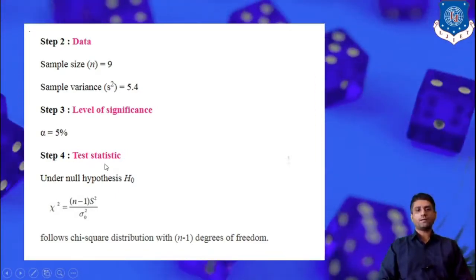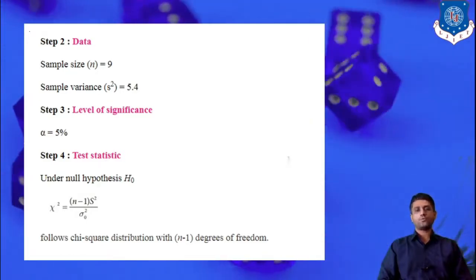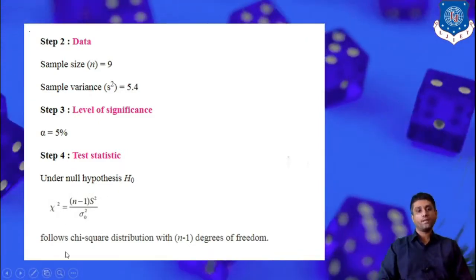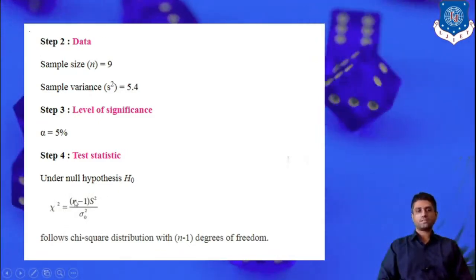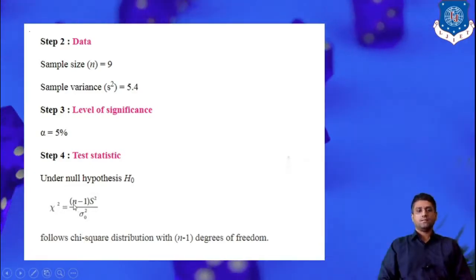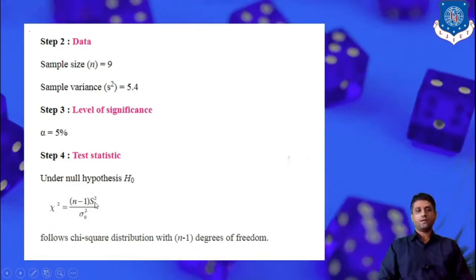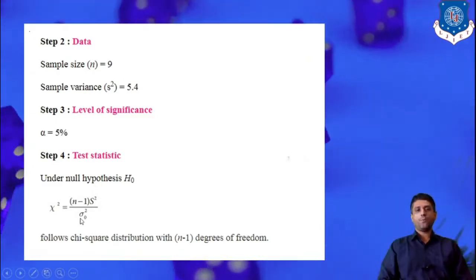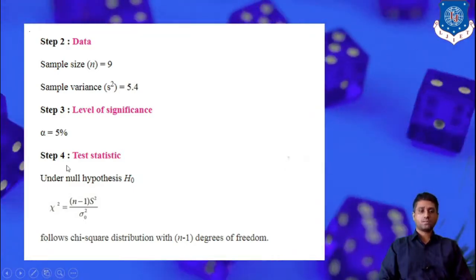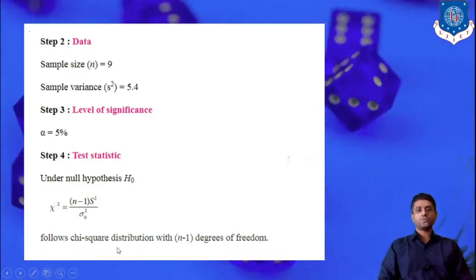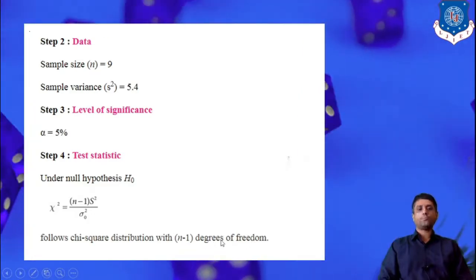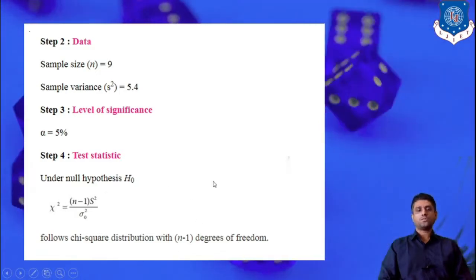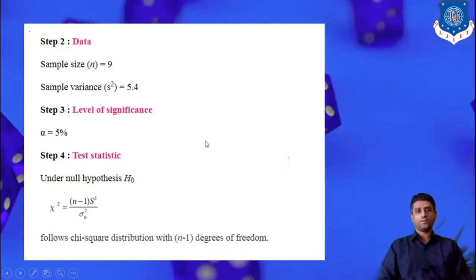It is already defined at the start of the example: since we are working with the chi-square distribution, we consider the chi-square statistic, n minus 1 times S square, the sample variance, upon sigma naught square, the population variance. This chi-square distribution has n minus 1 degrees of freedom, where n is the total number of observations, and it follows the normal distribution.